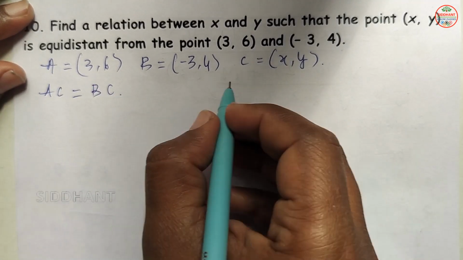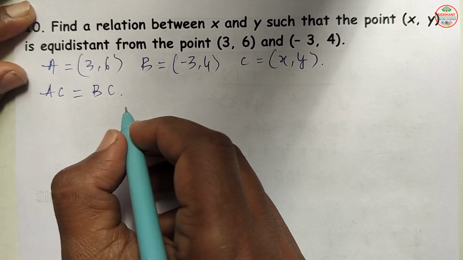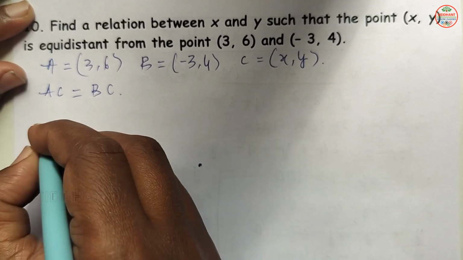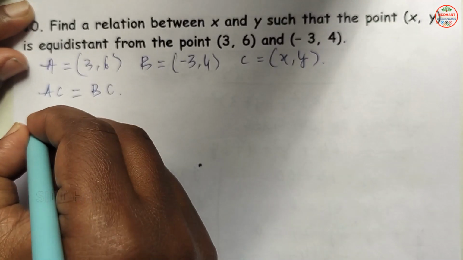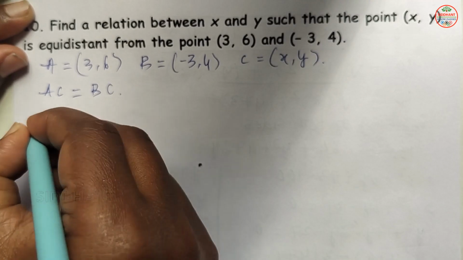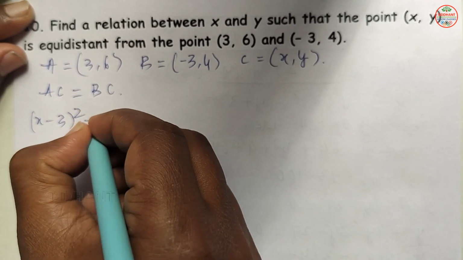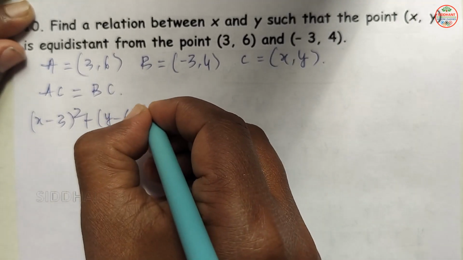Now first we are going to find AC and next BC, then we are going to find the relationship. So AC means these 2 points. So x2 minus x1, which will be (x minus 3) whole square, plus y2 minus y1, (y minus 6) whole square.